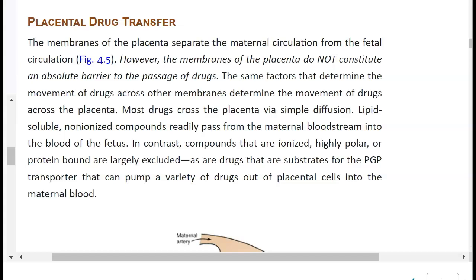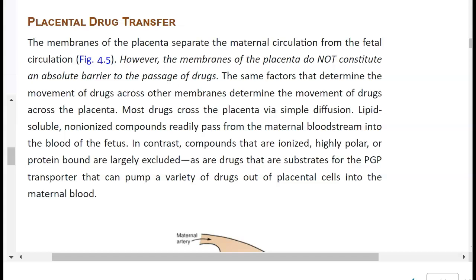The same factors that determine the movement of drugs across other membranes determine the movement of drugs across the placenta. Most drugs will cross the placenta via simple diffusion. Lipid-soluble, non-ionized compounds readily pass from your maternal bloodstream into the blood of the fetus.